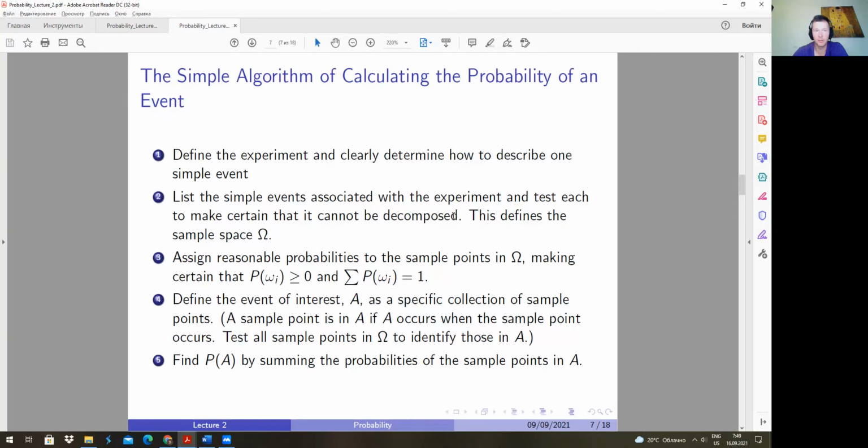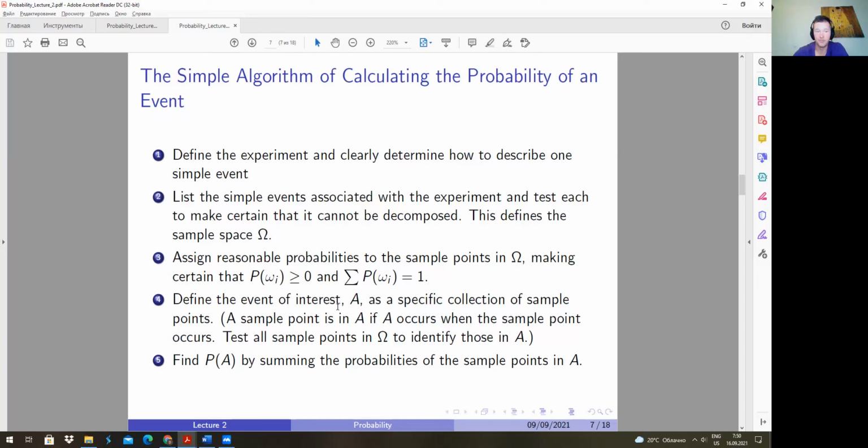And then we spoke about the simple algorithm of calculating the probability. Out of this algorithm, the most important step is to count how many elementary events are inside the sample space and how many elementary events are included in the event of interest.